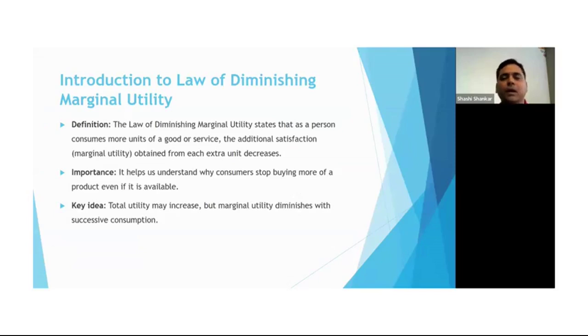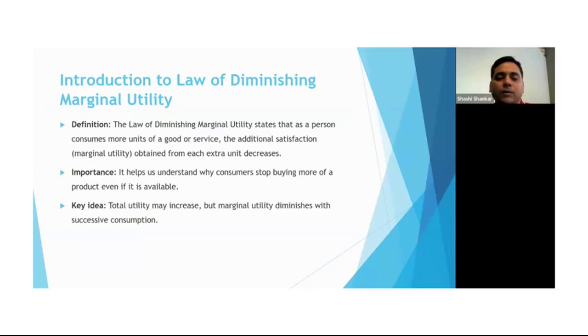All right. So the law of diminishing marginal utility states that as a person, as a consumer, as a customer, consumes more units of a good or service, the additional satisfaction decreases. Recently we have gone through the topic of marginal utility. So the additional satisfaction obtained from each extra unit decreases.